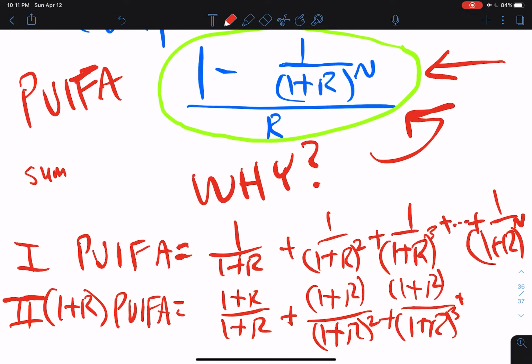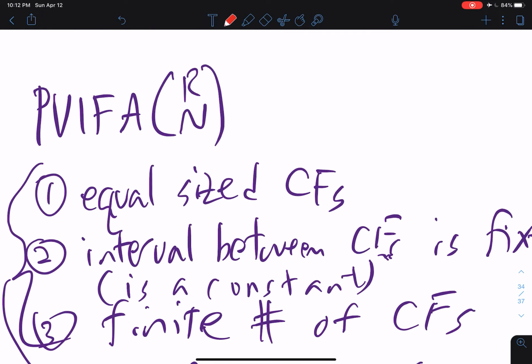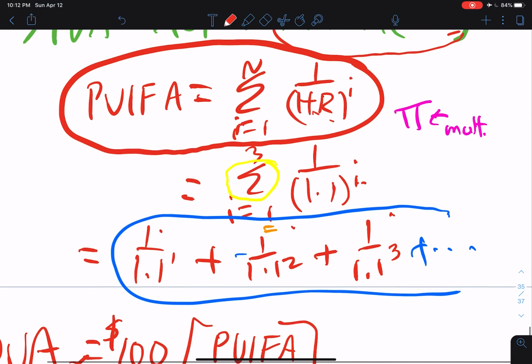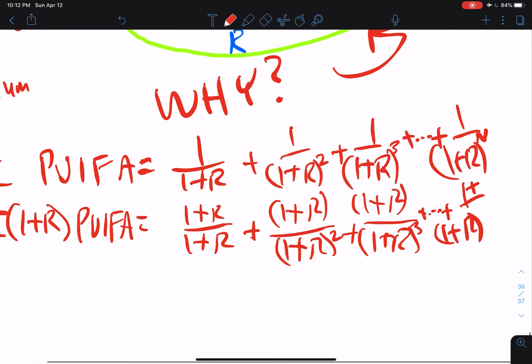And then plus dot dot dot plus, oops, sorry, 1 plus r over 1 plus r to the n. Okay, I just multiplied every term by 1 plus r on both sides of the equation. Okay.